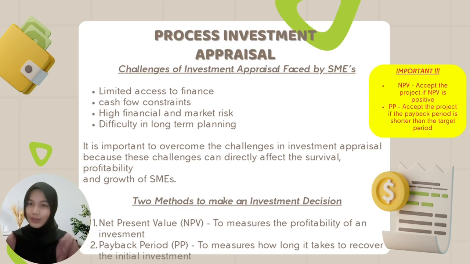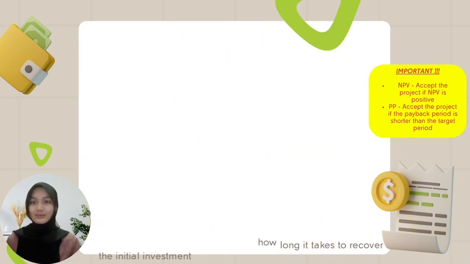The second one is payback period. Payback period measures how long it takes to recover the initial investment. The important part that we must know is we accept the project if the NPV is positive. Meanwhile, we accept the project if the payback period is shorter than the target period.